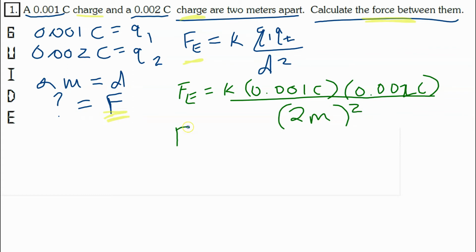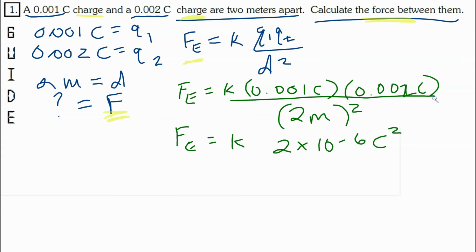I'm going to copy down my work, and again, K value I'll put in last. So what I'm going to do now is multiply these two numbers. If I put those into a scientific calculator, it's going to tell me the answer is 2 times 10 to the negative 6. Now because I have a Coulomb times a Coulomb, my units are going to be coulombs squared.